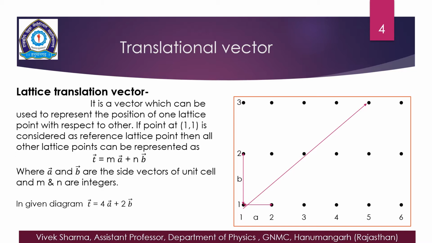as our position vector. To understand this point more clearly, let us check this lattice structure in which the separation between two lattice points along the x-axis is denoted by small a, and the separation between two lattice points along the y-axis is denoted by small b.